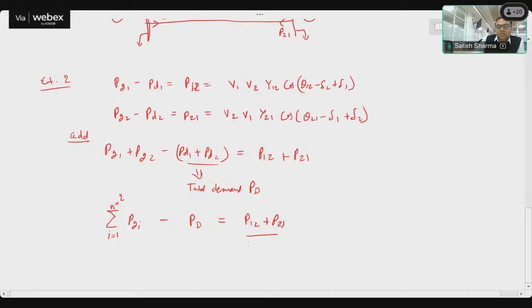So what does this term represent? Can anybody guess? With the context, I think you should be able to answer what this term represents.